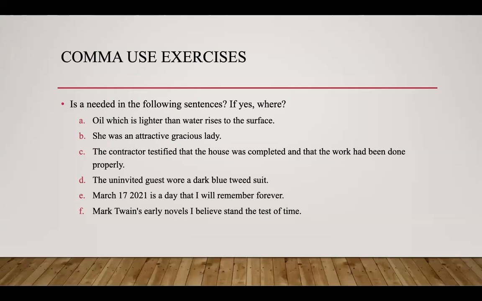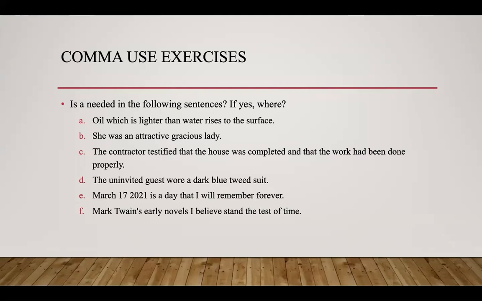C: the contractor testified that the house was completed and that the work had been done properly. Do we need a comma in C? I see some of you say no. That's interesting.